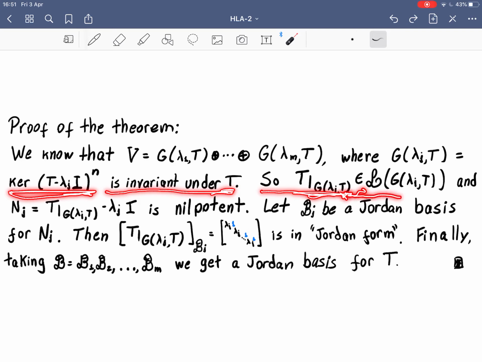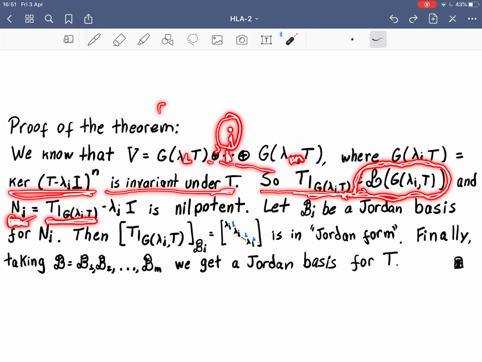Moreover, if we define Nj, so here for the space J, here we take some J, this goes from 1 to n. So fix some J here in the middle. And then we define this operator Nj as the restriction of T to this subspace minus lambda j.